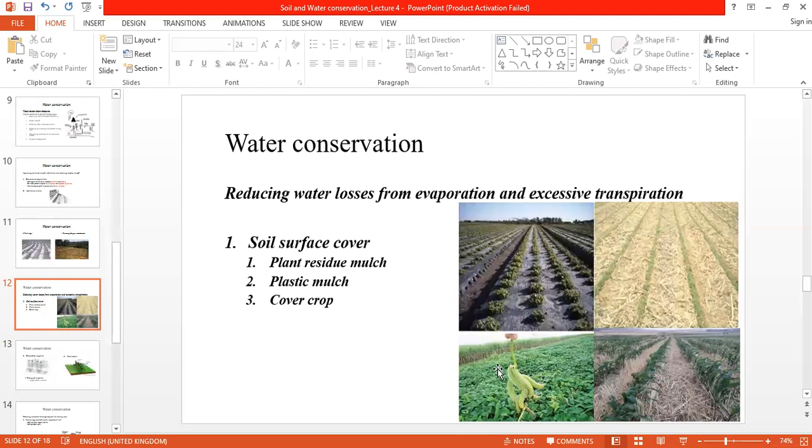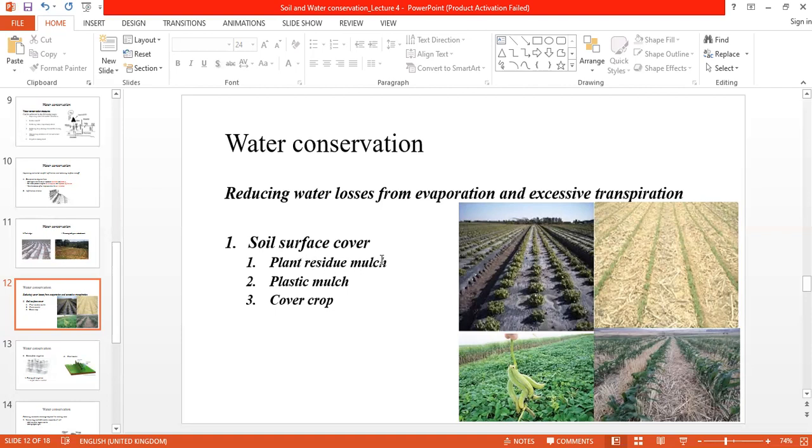Then now we are saying, okay, the water has entered into the soil. How do we make sure that we don't lose it by evaporation? The first one that we can talk of is surface cover, because remember we said that the sunlight is the one which provides the energy which evaporates the water in the soil.